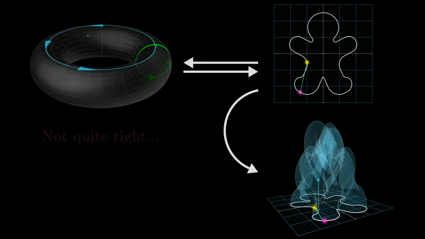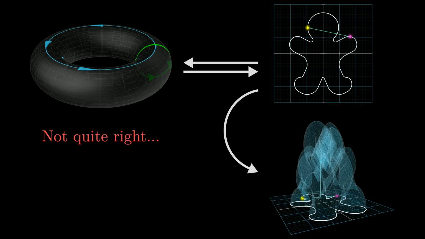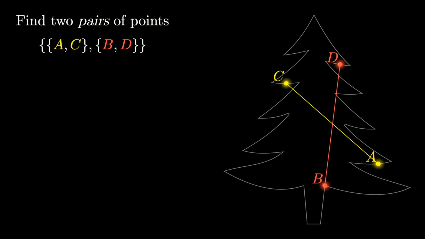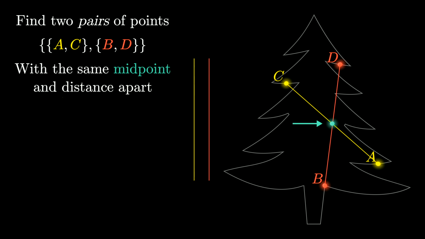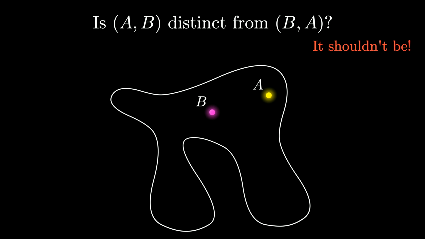But actually, the torus is not quite the right surface for our purposes. Remember why we're doing any of this. We're looking for 2 distinct pairs of points on an arbitrary loop that have the same midpoint and the same distance apart. But it matters whether we care about the order of a pair of points. If you consider the pair a, b to be distinct from the pair b, a, then that would give you a trivial example of 2 distinct pairs of points that have the same midpoint and the same distance apart.